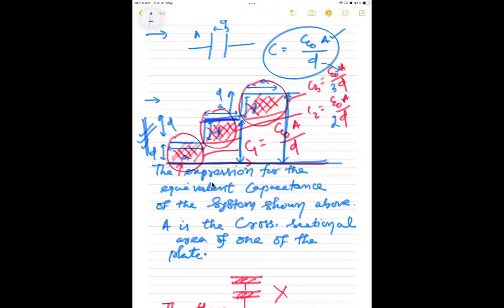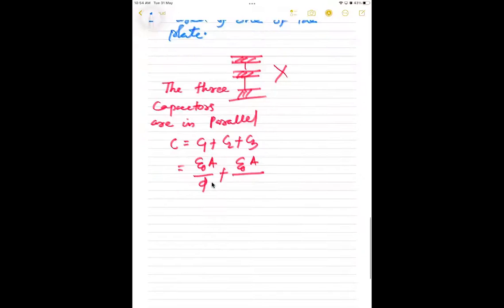Normally, if in this question you had separated everything, then you could have taken C1 equal to epsilon A by D, C2 also epsilon A by D, C3 also epsilon A by D. But he has kept everything blank. That means you have to take the capacitance combined. So this is epsilon A by D, this is epsilon A by 2D, plus this will be epsilon A by 3D.